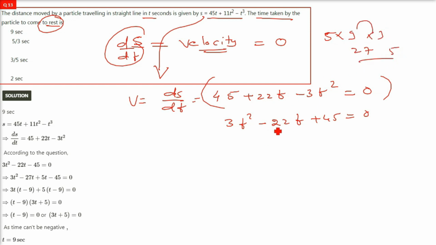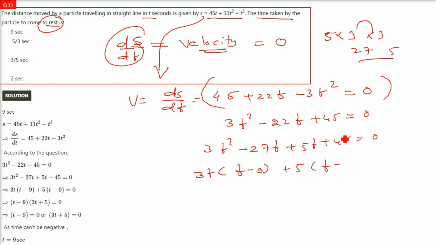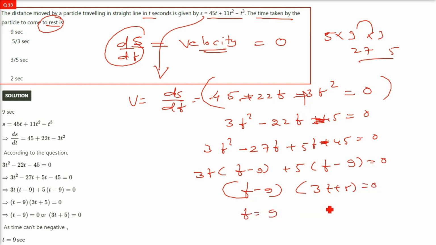So minus 27 plus 5 is going to be minus 22. So we write 3t square minus 27t plus 5t minus 45. So 3t we take common, t minus 9, we take 5, t minus 9. T minus 9 into 3t plus 5 equals 0. T is equal to 9 in this case. T is equal to negative 5 by 3 in this case. Time cannot be negative. T is 9. This is your answer.